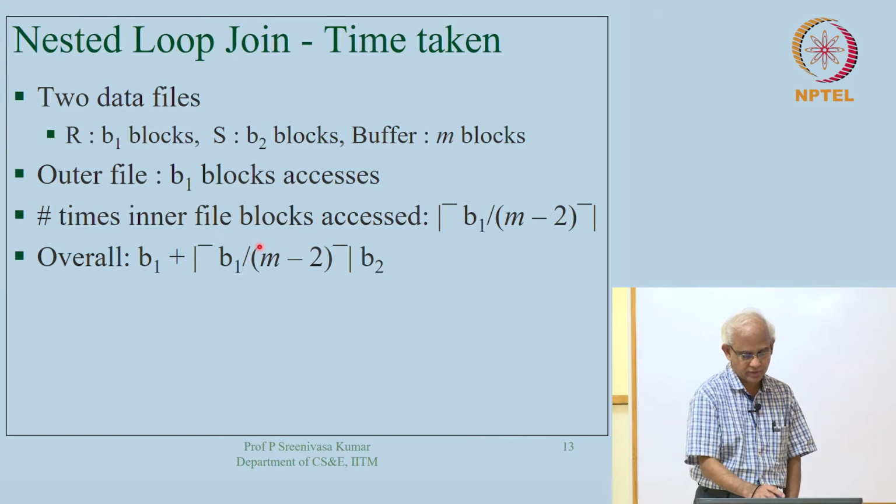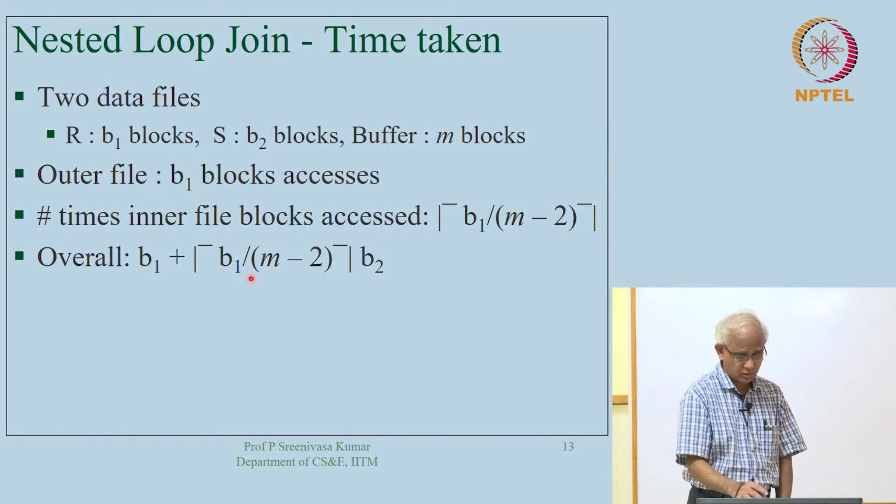So, B1 divided by m minus 2, ceiling, times B2. So, that is the overall complexity.